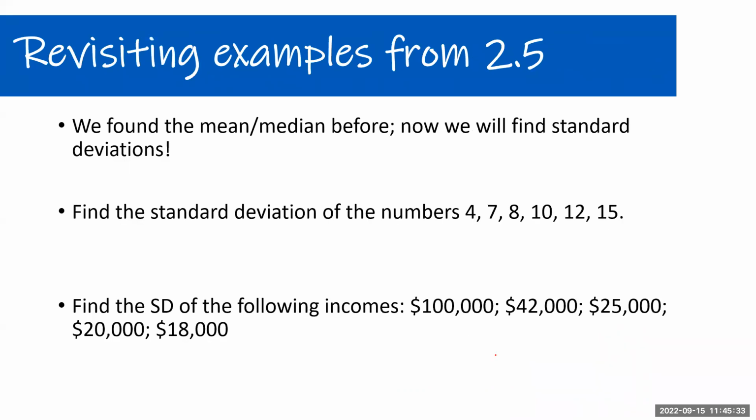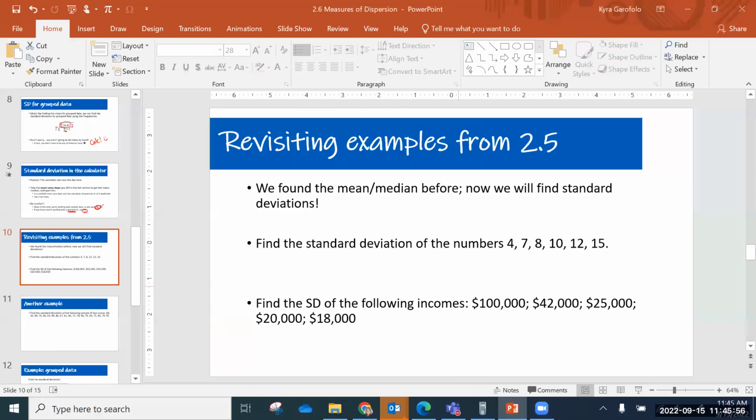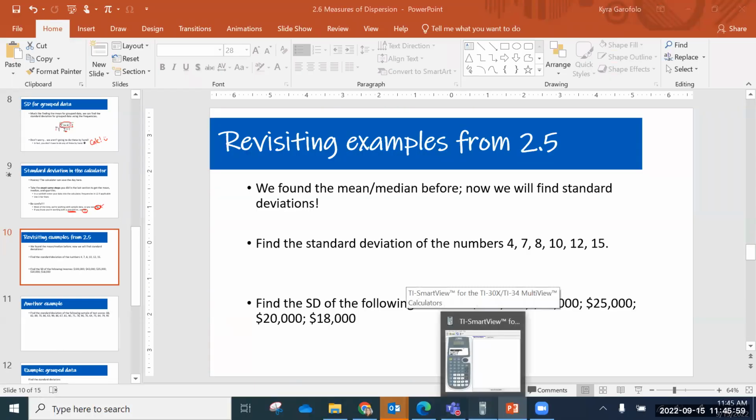Okay, so we've found the mean and median in the previous discussion, but now we're going to use those same data sets to find standard deviation. Let's find the standard deviation of the numbers 4, 7, 8, 10, 12, and 15. If we want to do this, we need to open our calculator.